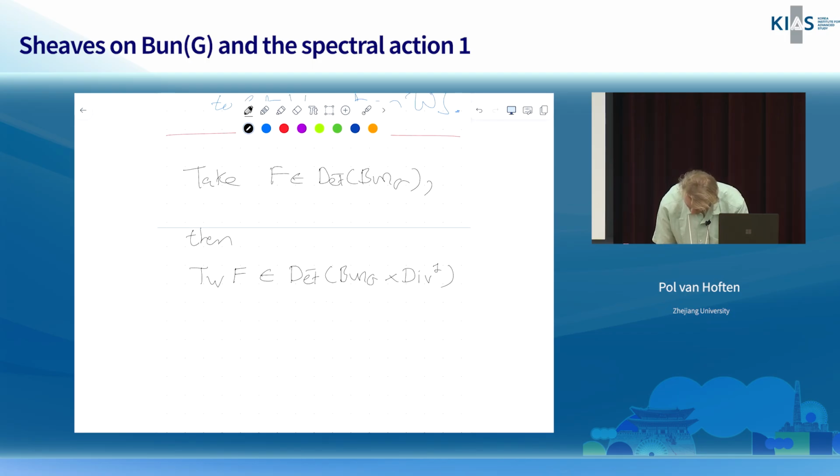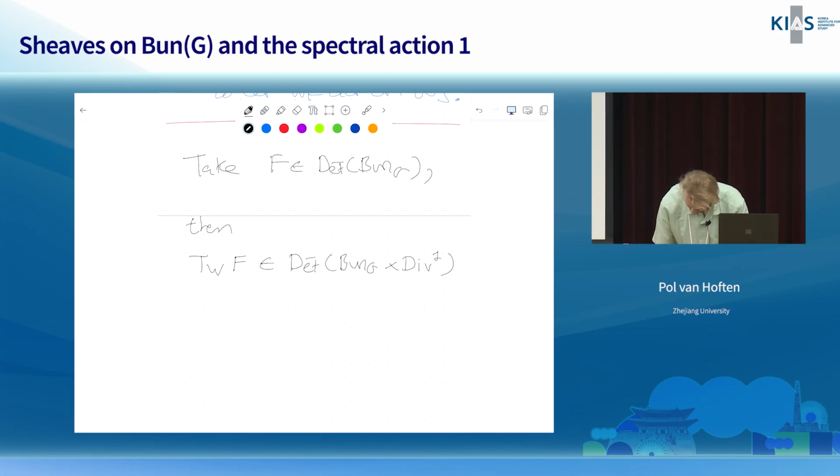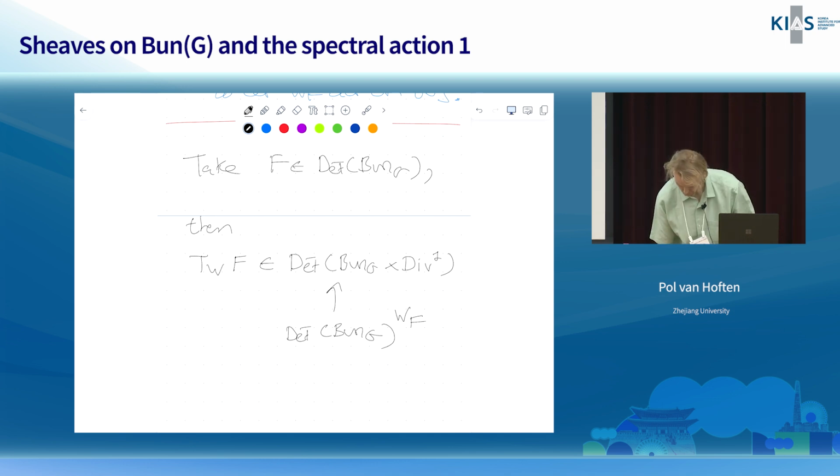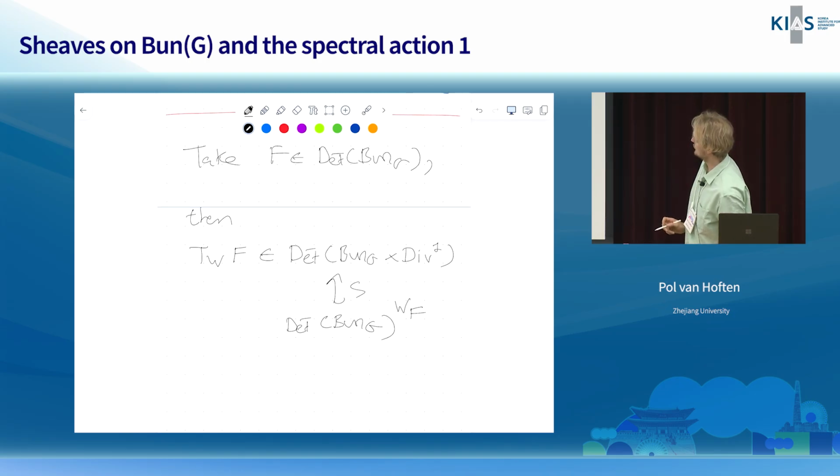And actually, it turns out that this receives a natural functor from Weil group equivariant objects in Bun G. But I think it's actually an equivalence. So I can think of T_W F as an element in Bun G with a Weil group action.